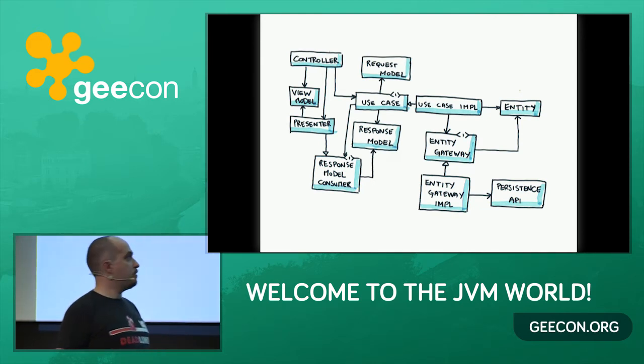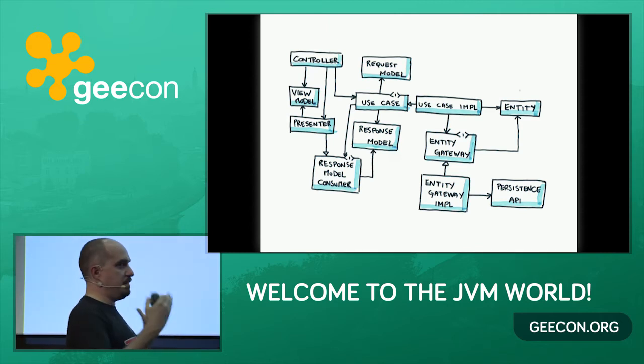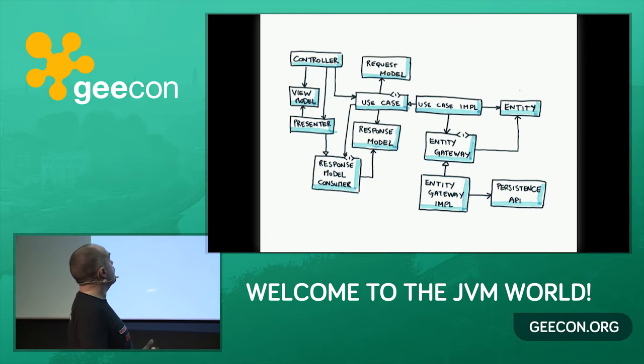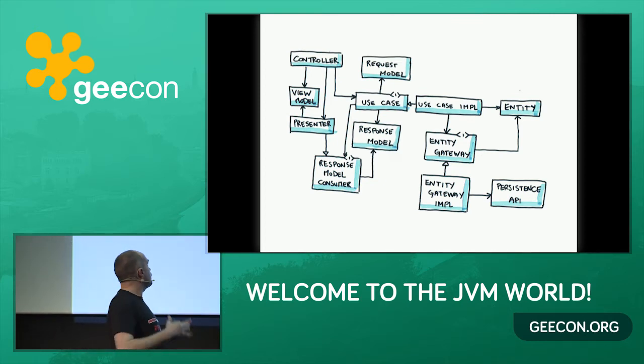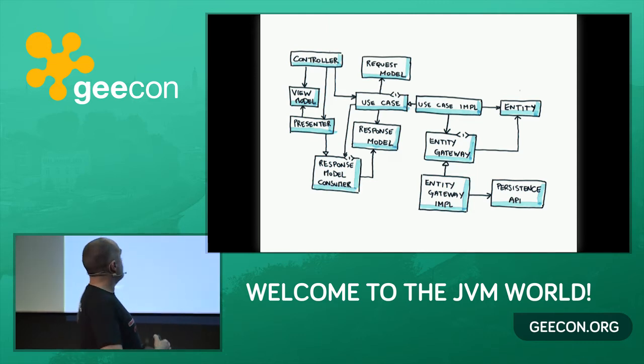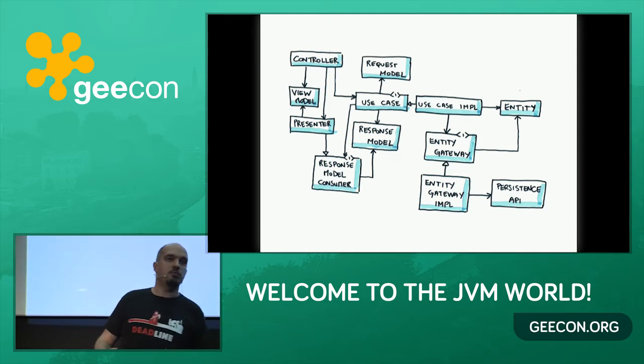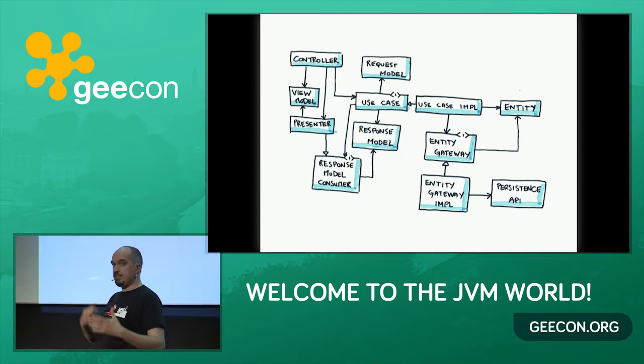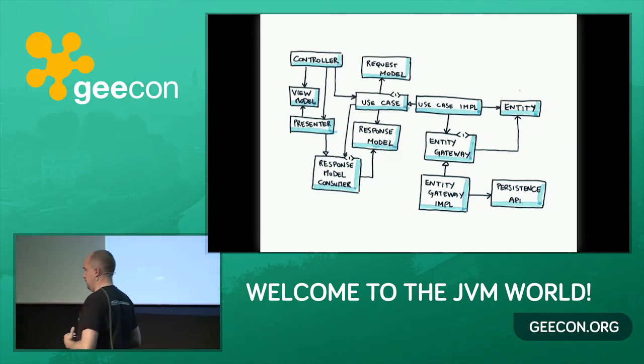From the consuming side, you're going to have your basic REST controllers or something else, your JMS producers. They are going to consume the response model through a response model consumer, which will be implemented by a presenter to make sure that your domain model doesn't leak into your controllers so that you can easily change things around.